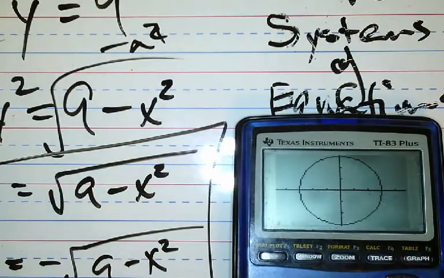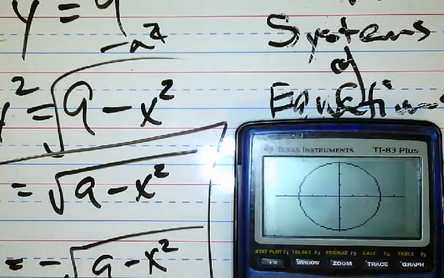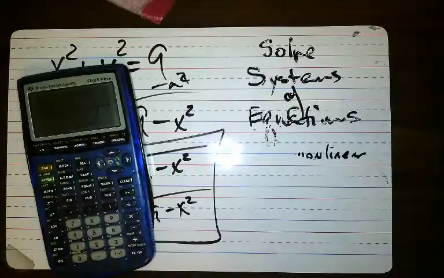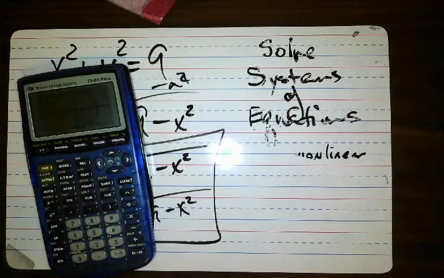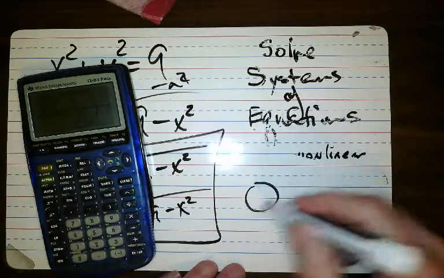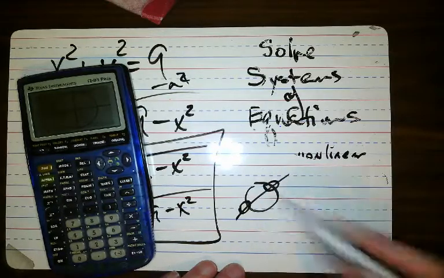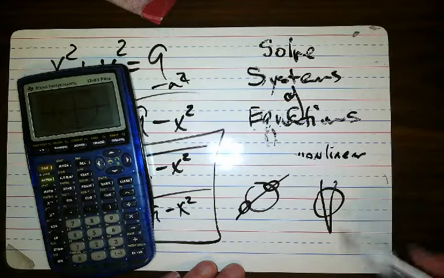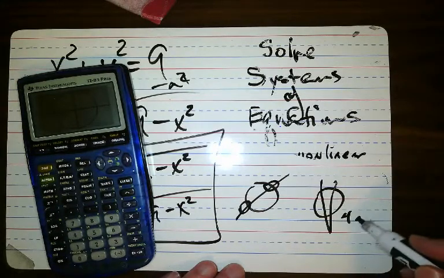So, now if we wanted to intersect that with something else, what do we want to intersect that with? We could cross the circle with a line. Right? That would have two answers. We could cross the circle with a parabola. That would have four answers.